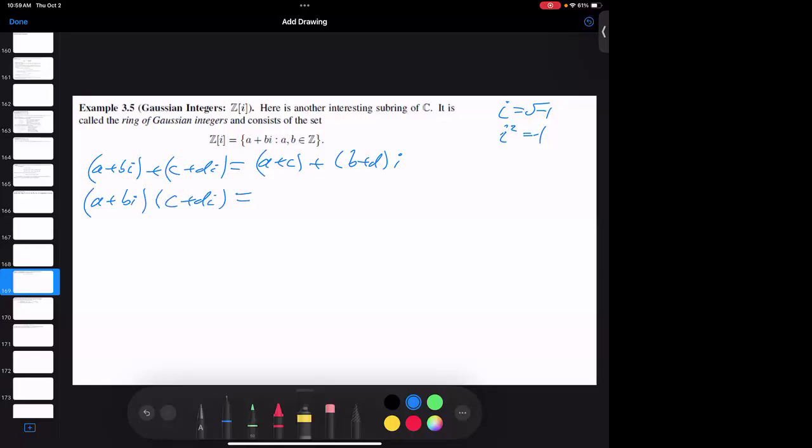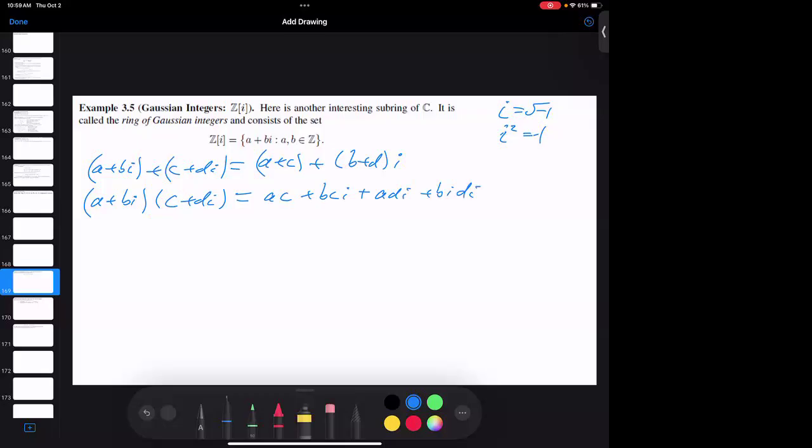Let's just FOIL it out. That would be AC plus BCi plus now we're going to do ADi plus BiDi.